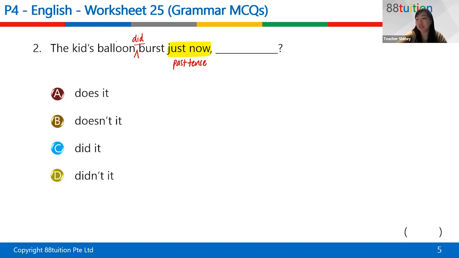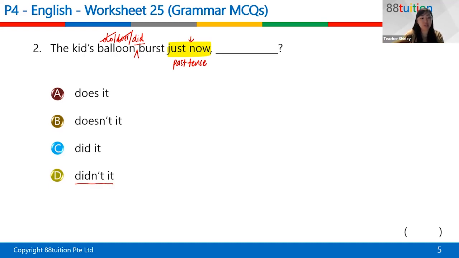Why do I use did and not do or does? Because of just now, right? Because it's past tense, all right? So since this is past tense, I can actually include did burst just now, right? The kid's balloon did burst just now. Then of course the opposite will be didn't it?